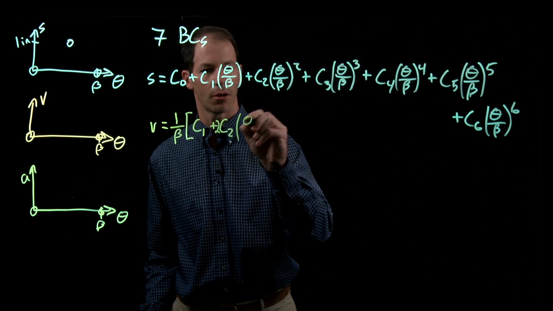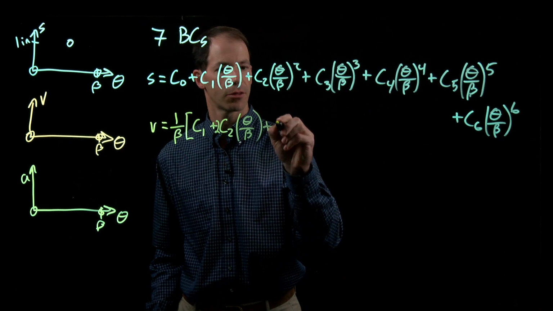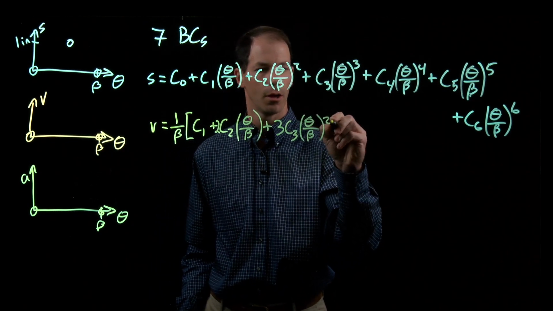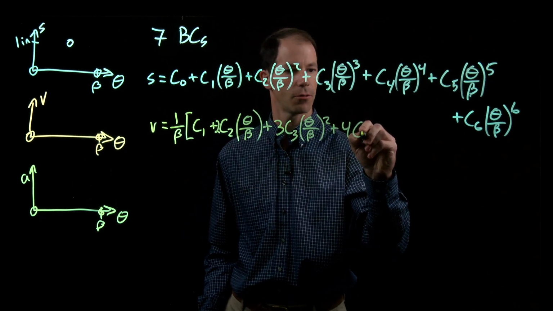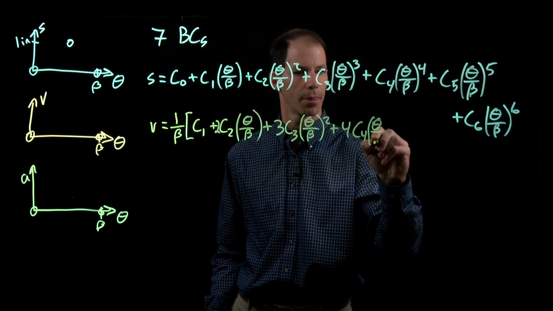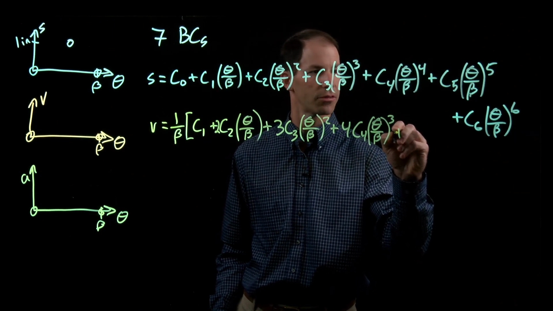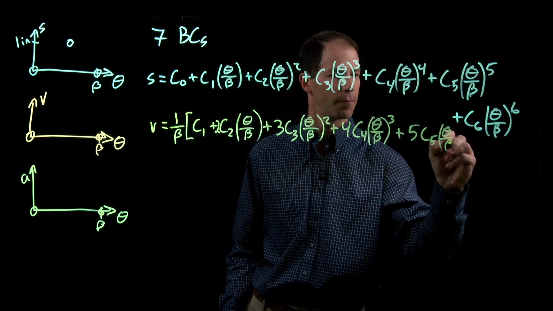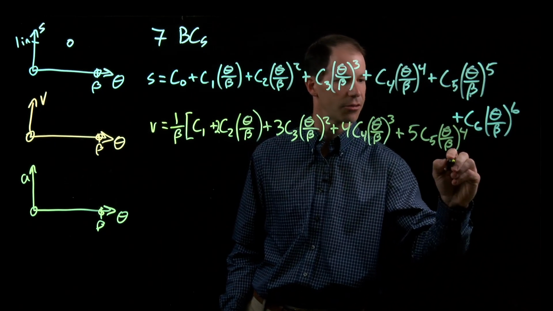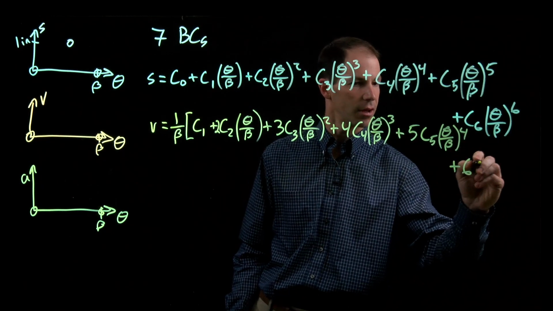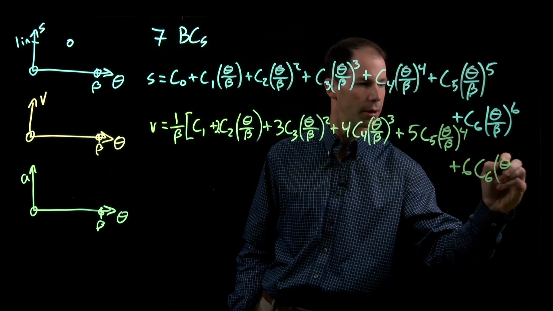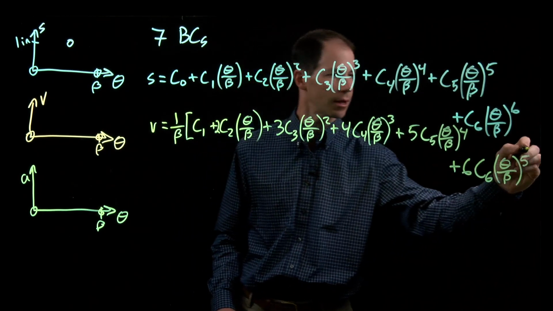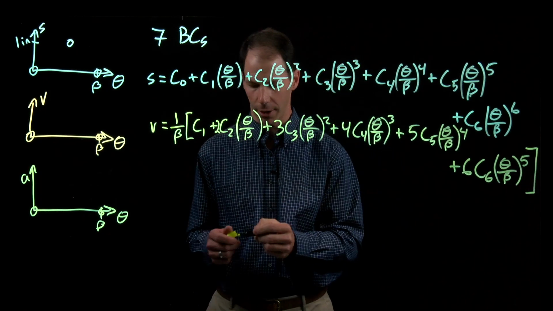This is then theta over beta, plus 3 times C3 times theta over beta quantity squared, plus 4 times C4 times theta over beta up to the 3rd power, plus 5 times C5 times theta over beta up to the 4th power. And then my last term, plus 6 times C6 times theta over beta up to the 5th power. So that's my velocity equation, and I get my closing bracket here for the 1 over beta.